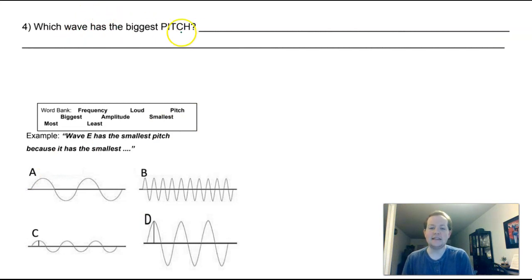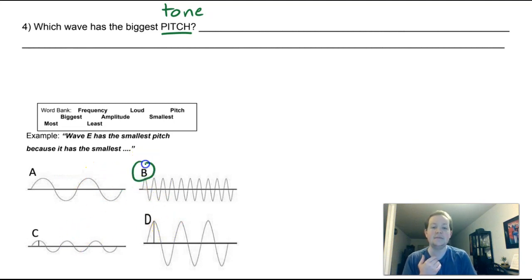Number 4. What wave has the biggest pitch? Remember, pitch is the same as tone, or tono in Espanol. So a big tone, high tone. This is an example of a high pitch or high tone. Which of these letters has the highest pitch? A, B, C, or D?